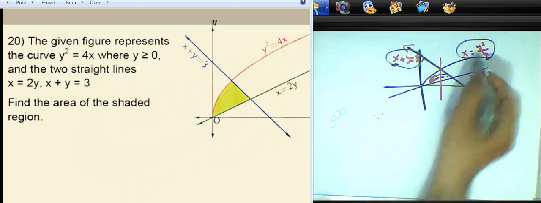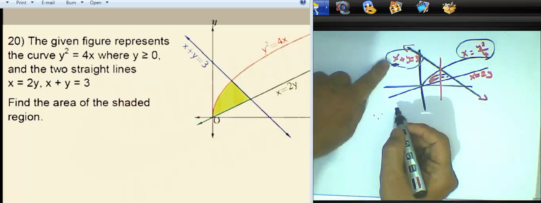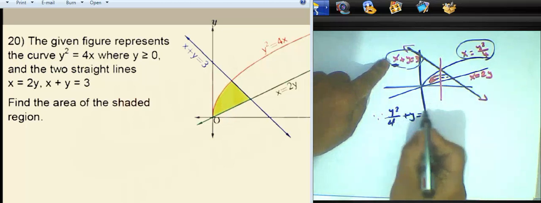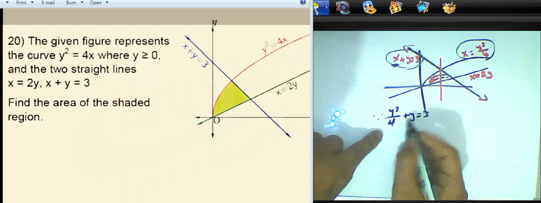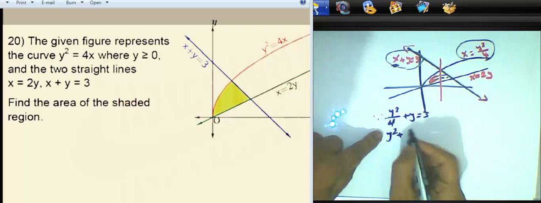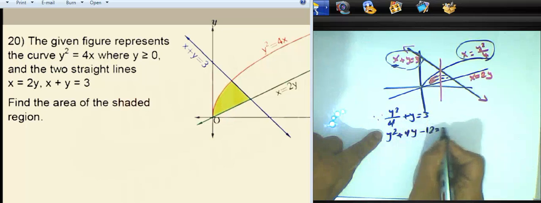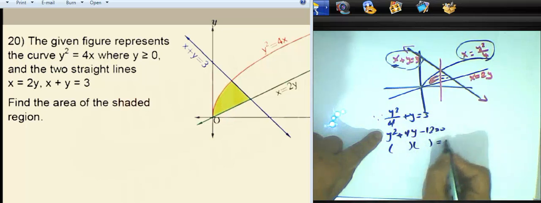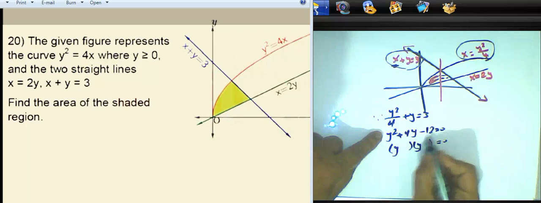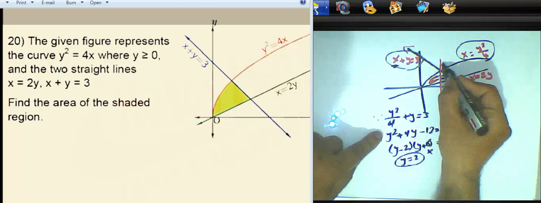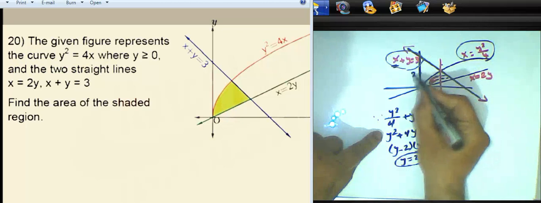It will be y squared over 4 plus y equals 3, then multiplying by 4, y squared plus 4y minus 12 equals 0. Then we can factorize: y will be 2 and y will be negative 6. We cancel negative 6, then y equals 2.